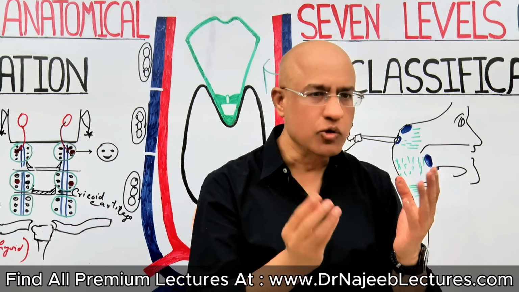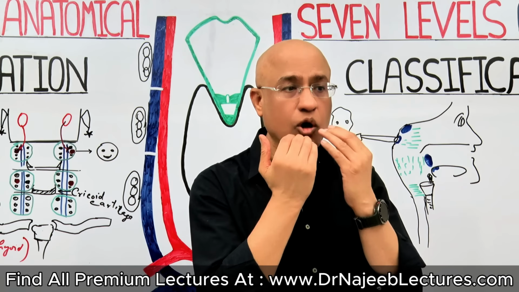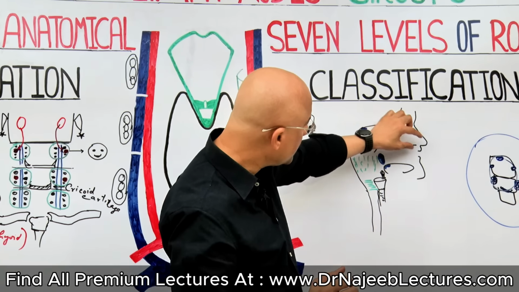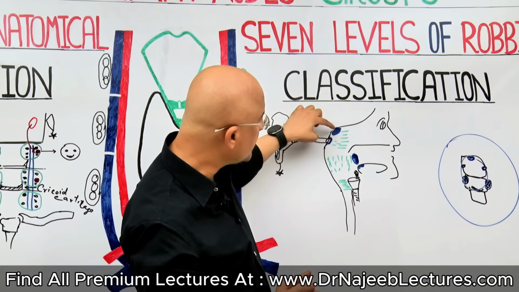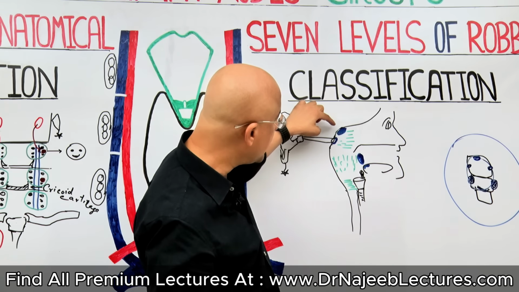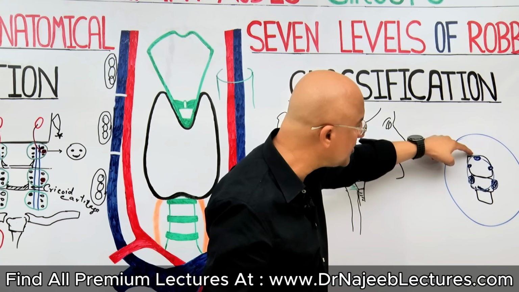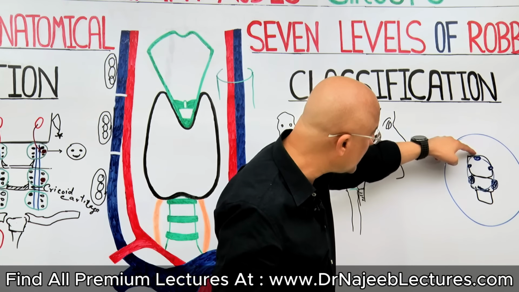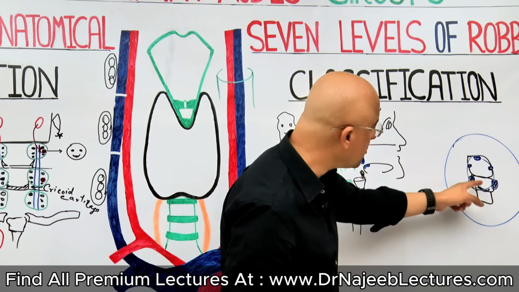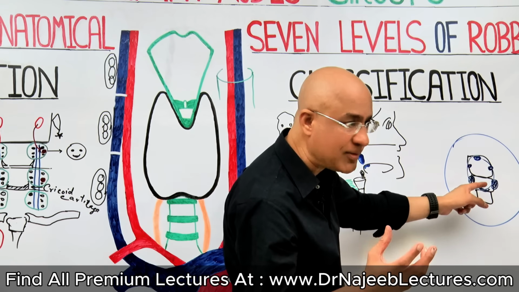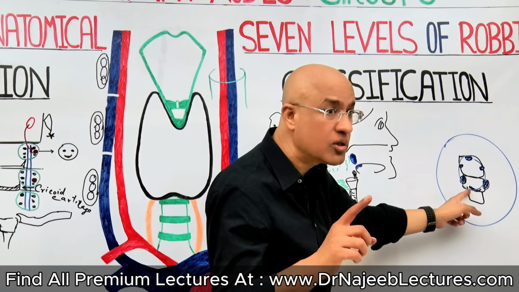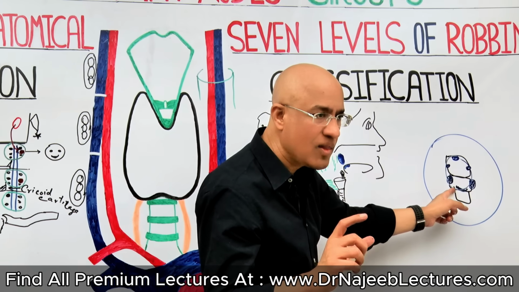If there are some antigens going through nose or from the mouth, there is lymphoid tissue present here, and this can be sampled by the lymphoid tissue if there are antigens or bacteria or virus, right, by palatine tonsil.